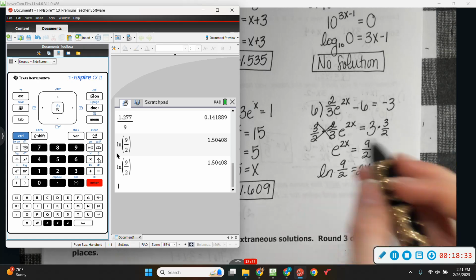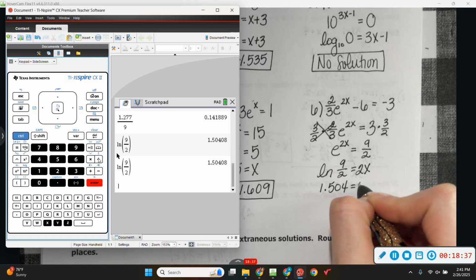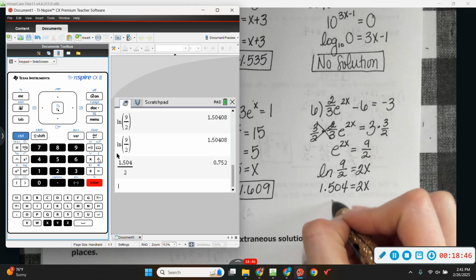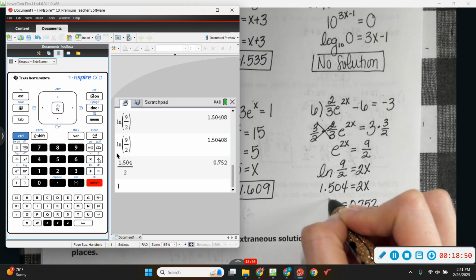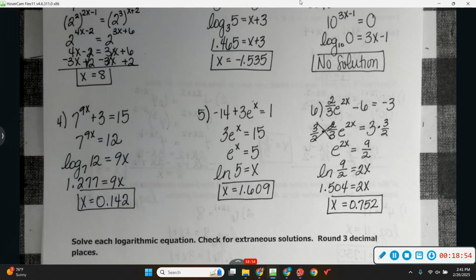Still gives you the same value, 1.504 equals 2x. Then you divide both sides by 2, so 1.504 divided by 2, x is equal to 0.752. And again, you need to check all of those for extraneous solutions when you're doing your homework. Okay?